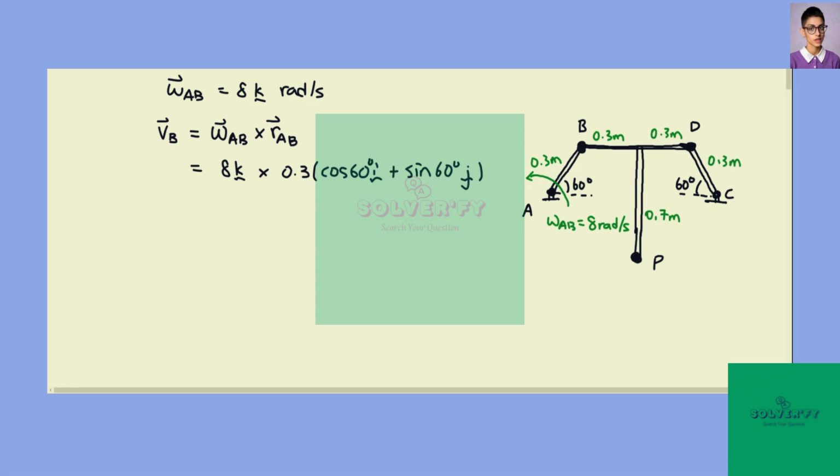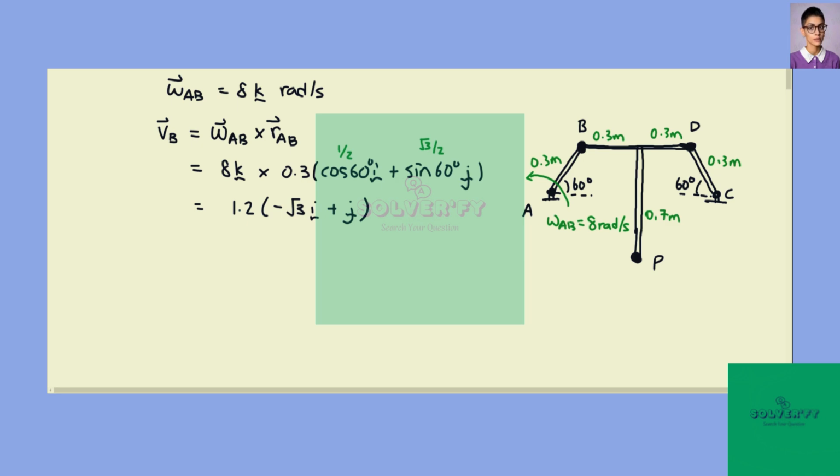Cosine 60 is half, sine 60 degrees is square root 3 over 2. So I'm going to have 1.2 times minus root 3 i plus j. k cross i gives j, and then k cross j gives minus i, and the root 3 is in front of the i.